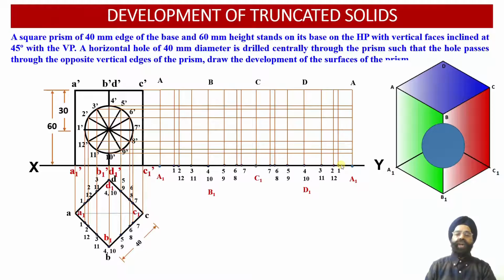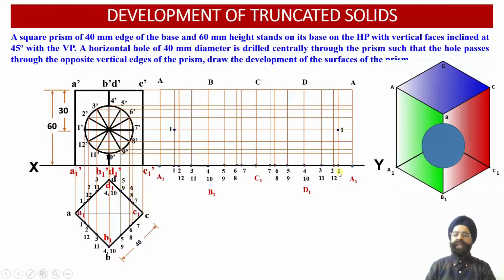So let us find out corresponding points of intersection of all of these POIs which we have obtained in the front view projections. Now we can see we'll start from point 1 dash. This is the height of point 1 dash from the XY reference line. So if we draw a horizontal projector line through the point 1 dash, wherever this horizontal projector from 1 dash intersects with the vertical projector line 1 in the lateral surface view, this is the vertical projector line corresponding to POI 1.